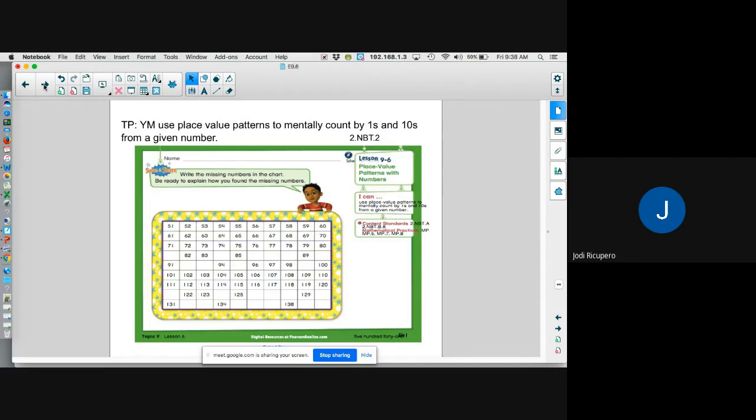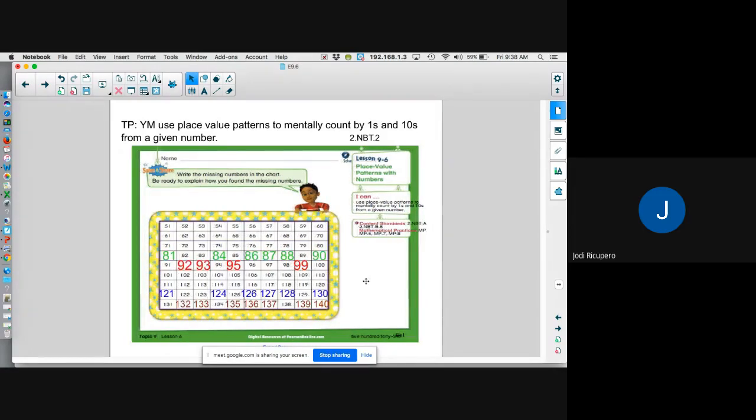Okay, boys and girls, so if you filled it in, your chart should look like this. The chart began with 51, and then it ended at 80, and then you had to fill in 81, 84, 86, 87, 88, 90. Then it went to 91, 92, 93, 95, 99.